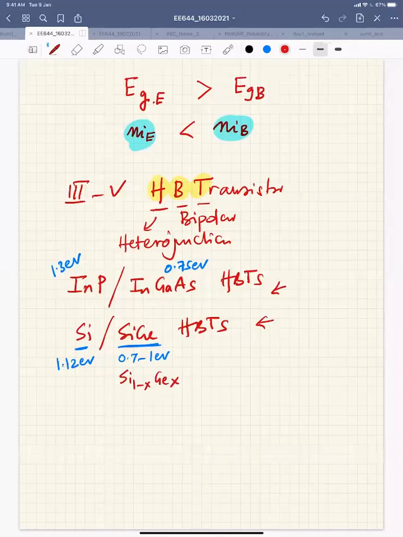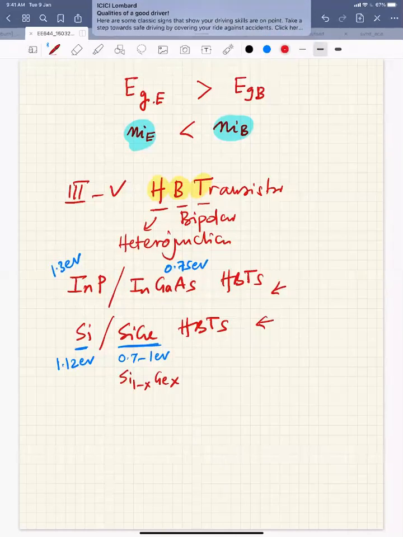If your germanium percentage is 100%, then your band gap will be 0.7 electron volt. If your germanium concentration is low, then it will be very close to 1 electron volt. So you could vary the silicon germanium; in this case, we talk about 0.7 to 1 electron volt kind of band gap. Okay, so this is the basic concept.